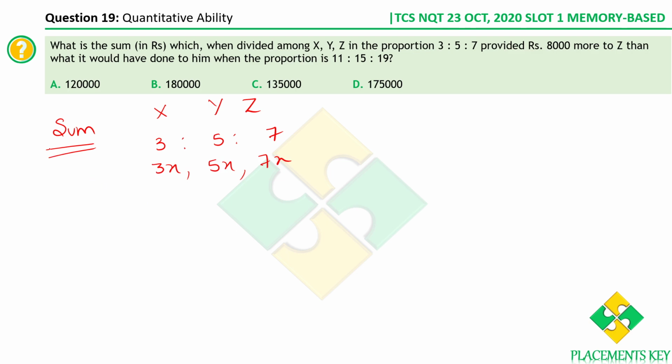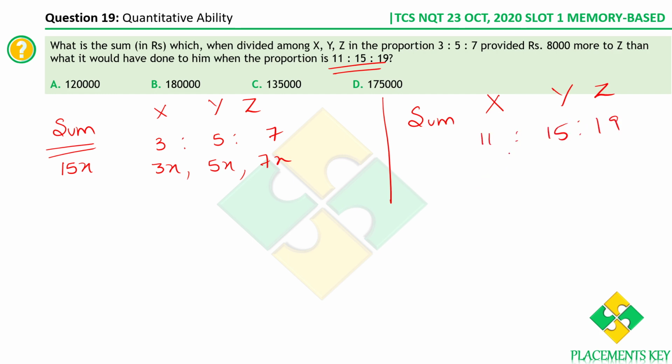Now what is the total sum that is given to them? 3x plus 5x is 8x, plus 7x is 15x. This is the total sum distributed among x, y, and z. Now, in the second case, the amount is distributed among them in the ratio of 11:15:19. The same sum is now distributed in the ratio of 11:15:19.